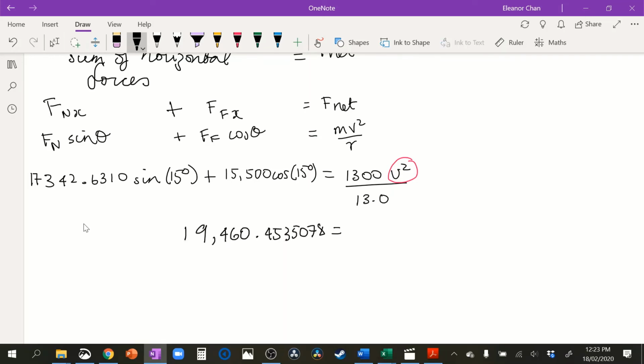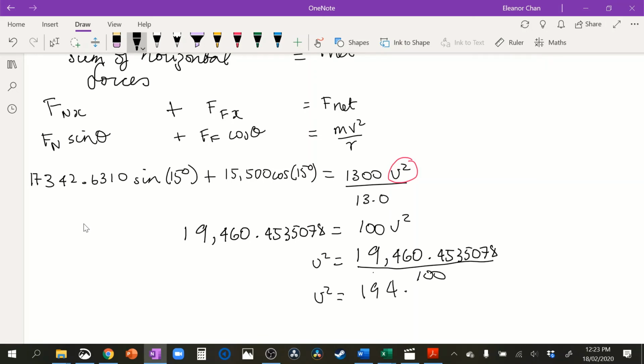That will equal, here, the 1300 divided by 13 is 100 times v squared. We'll keep going. So, v squared is going to equal this 19,000 number divided by 100. So then v squared is equal to 194.6045355078.